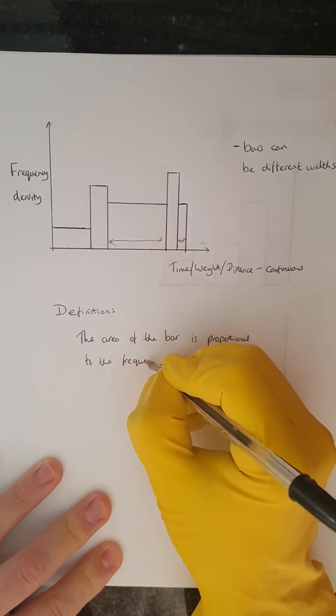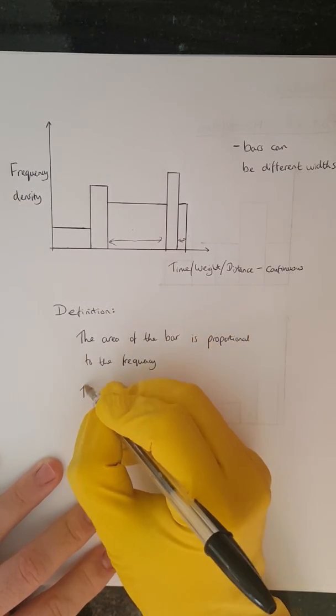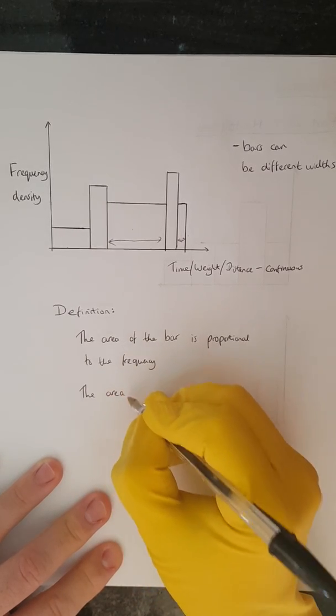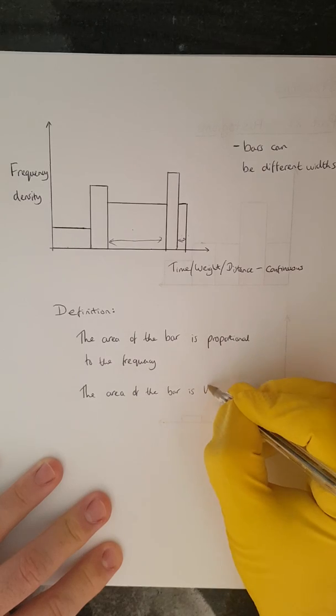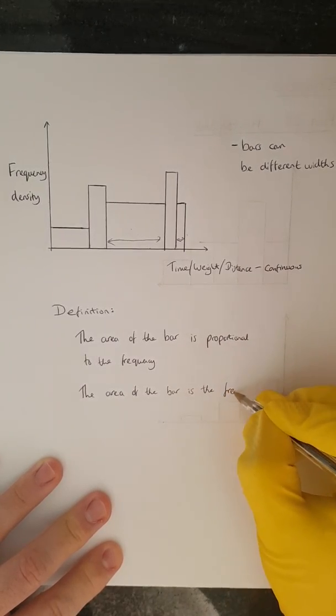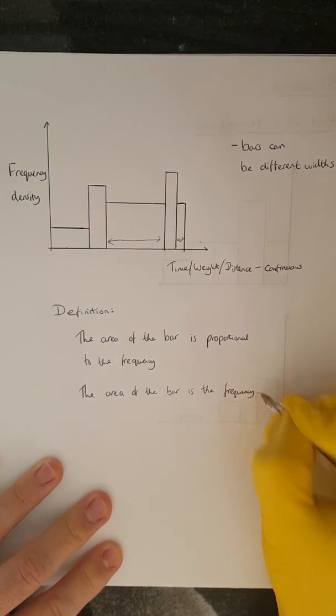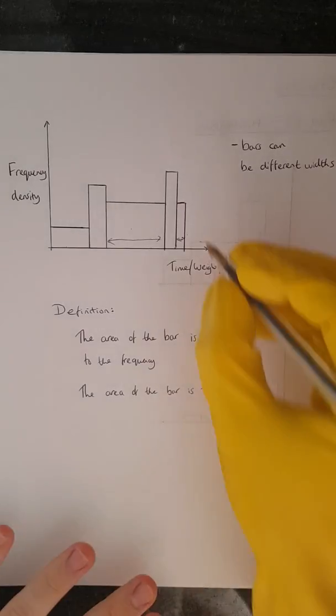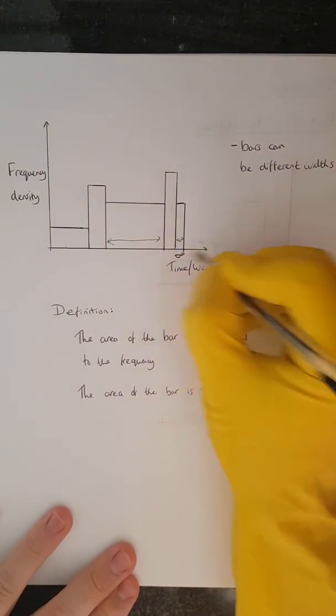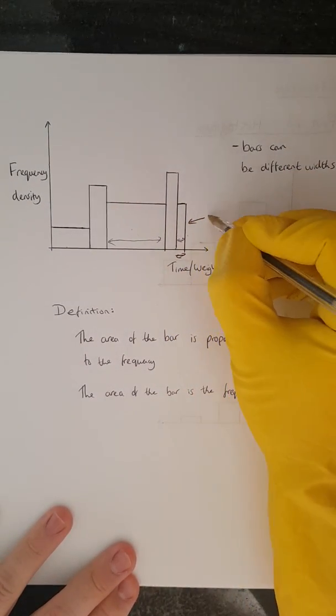The area of the bar is the frequency. Well, let's stop for a second. This narrow bar here, we're going to say has a width of 3.